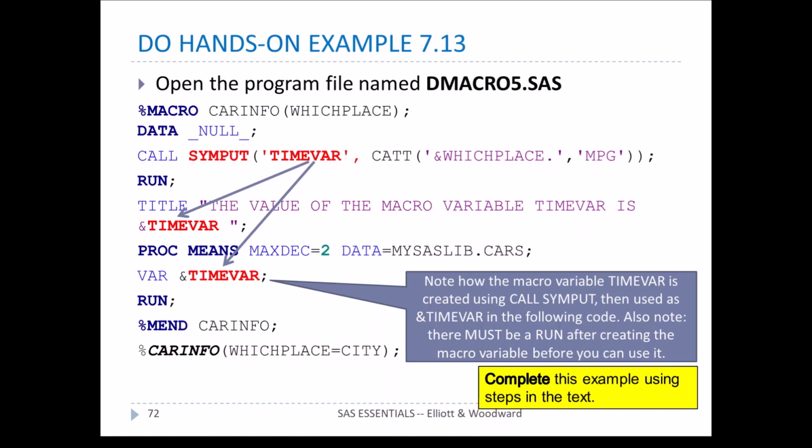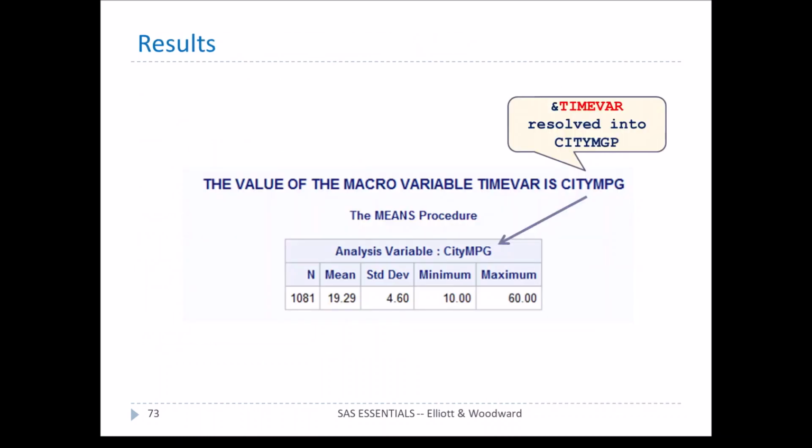City MPG is a variable within a data set, so I can use that to actually do a proc means, and where I have the var statement up there where it says var equal ampersand timeVar, that's going to resolve into var city MPG, which is a variable within the cars data set. And the result is this.